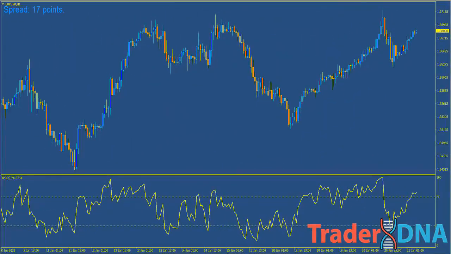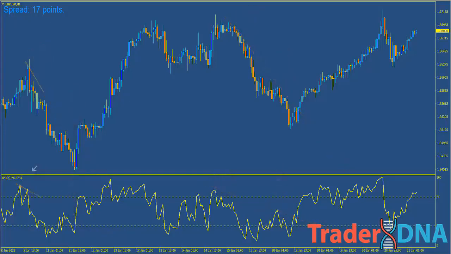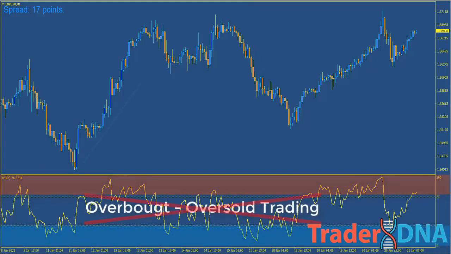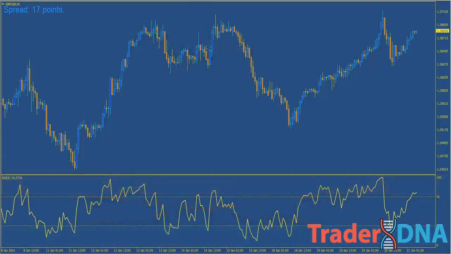So, let me try once again to explain the basic rules of this RSI trendline trading. We'll use the RSI indicator to show us if the prevailing trend has ended and a new trend is underway. We're not going to measure overbought-oversold conditions or use it as a crossover system. We're going to take it one step further and look for a break in momentum of the prevailing trend.